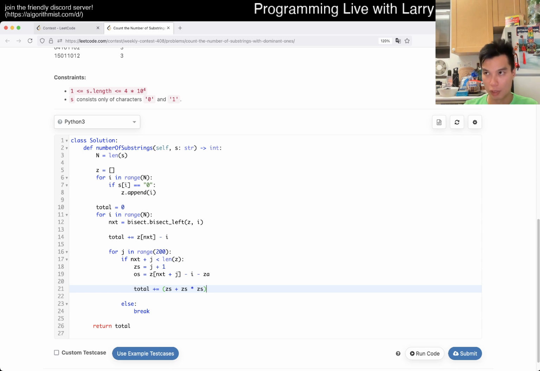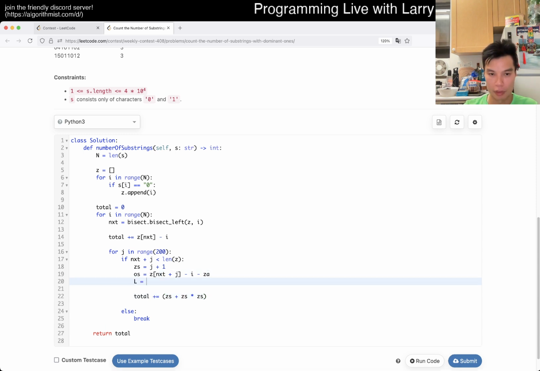So that's the total length that we need, and then the length is equal to minus I. So then it is just the length minus this. Something like this.